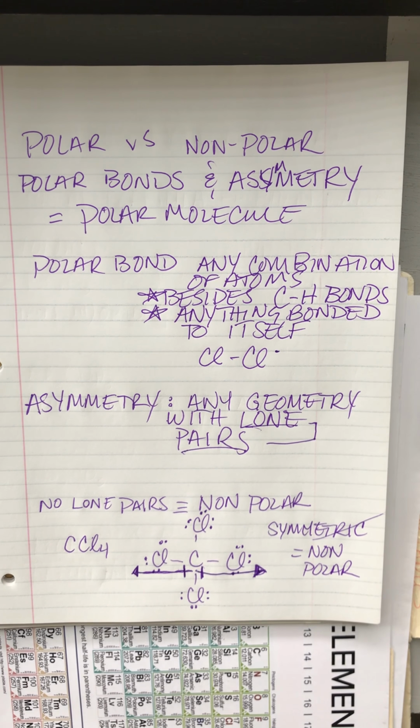Does that make sense, guys? So the dipoles going in the opposite direction just means that there's no net charge? Correct, exactly. They cancel out. So you can have polar bonds without necessarily having a polar molecule.